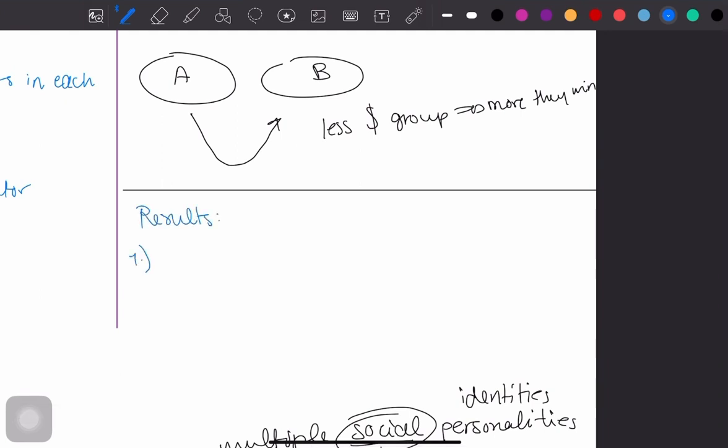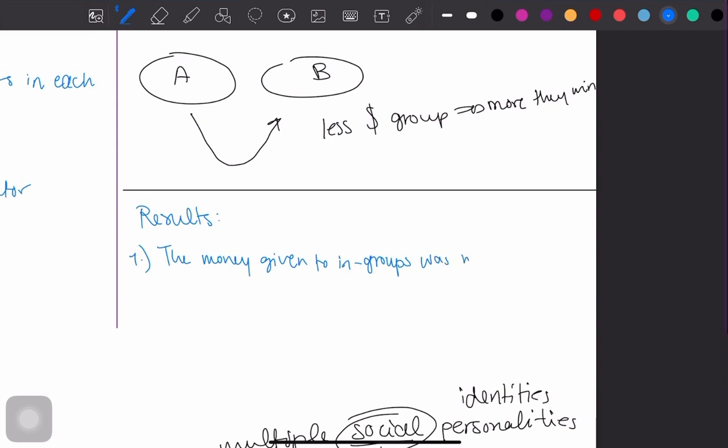Now looking into results, we had a result that showed that the boys gave more money to in-groups than out-groups in experiment 1.